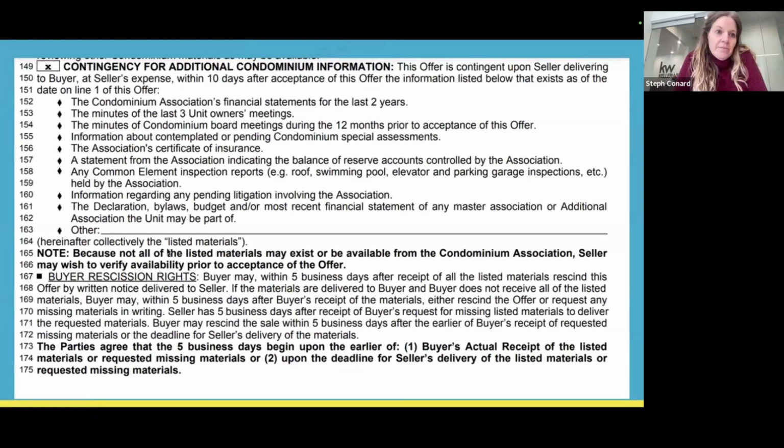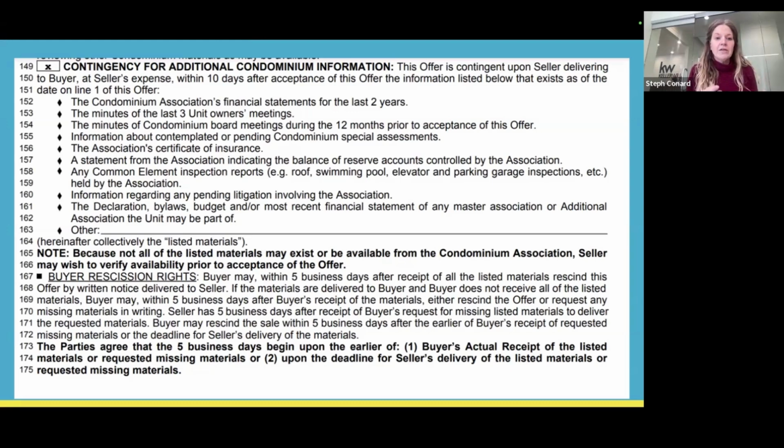Okay, so next up. We just went over those standard documents that a buyer should expect to receive as part of the sale. And this is relatively new to the condo offer to purchase: this additional contingency for additional condo information. If the buyer wanted to, they could make the offer contingent upon receiving these additional documents from the seller.